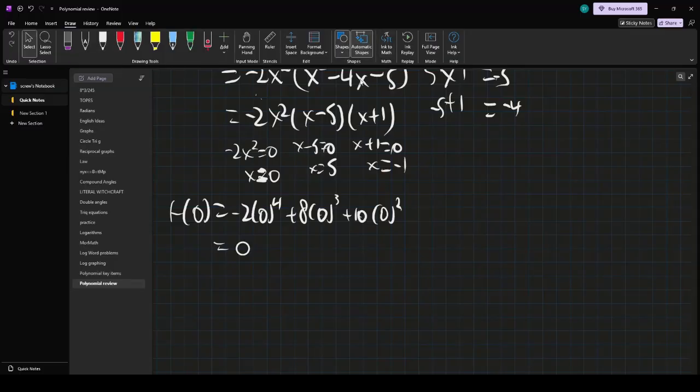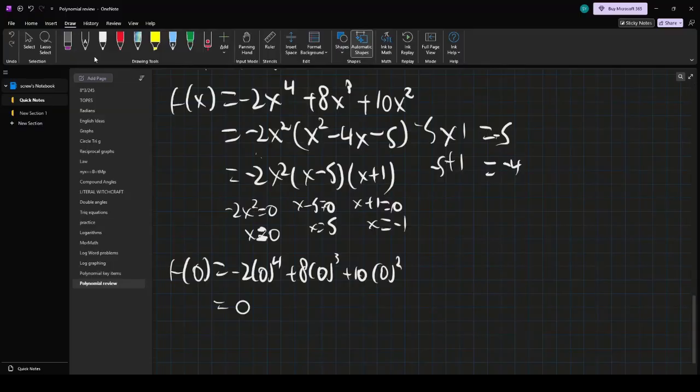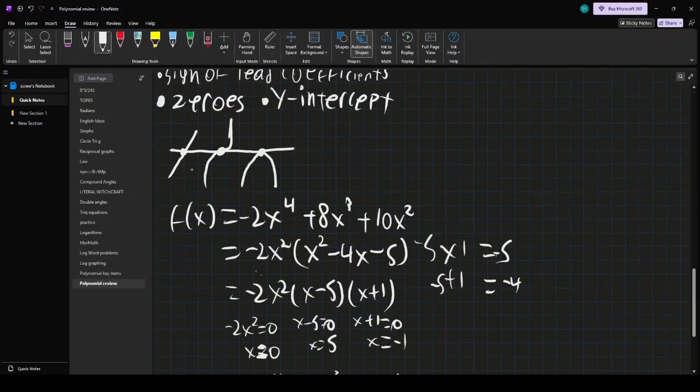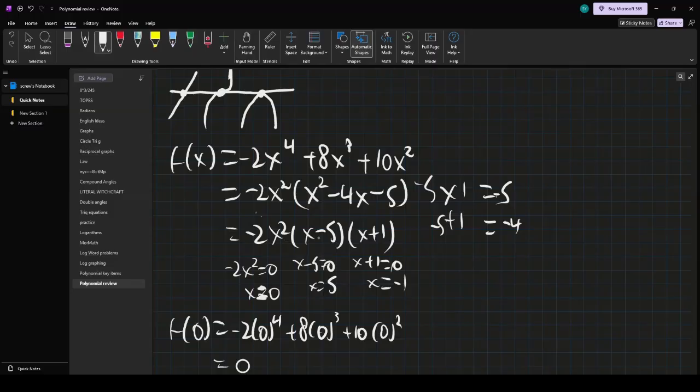So now we can finally graph it. Oh, and one important thing to mention. I mentioned these three different types of roots. In each bracket here, after you factor everything, you will use the degree to determine what type of root it is.